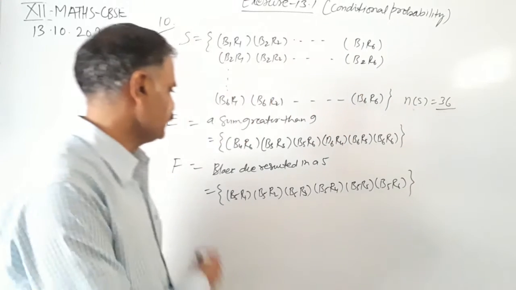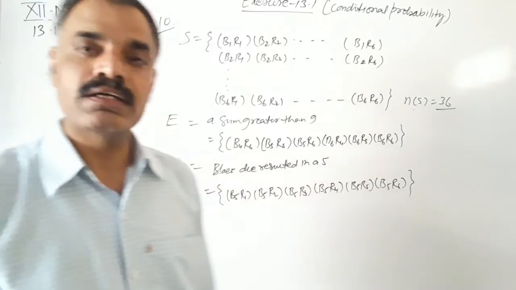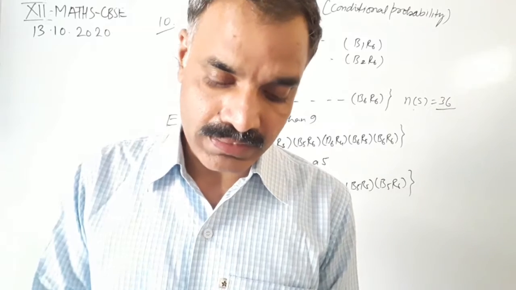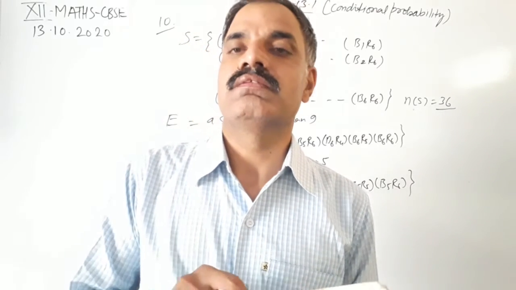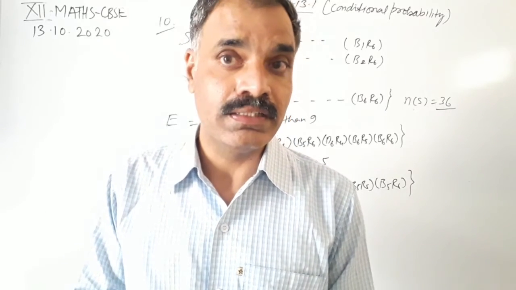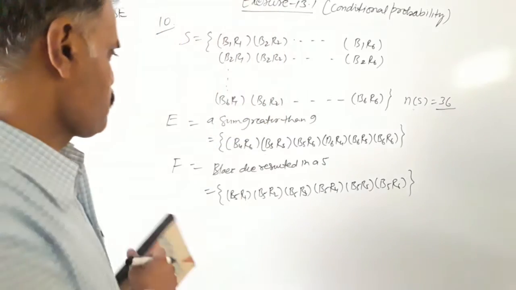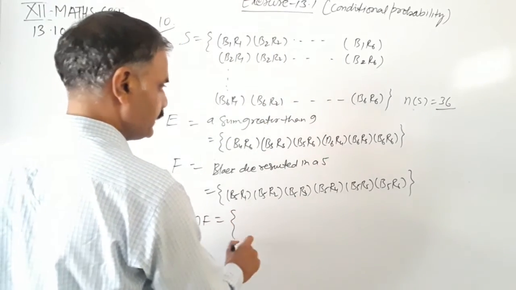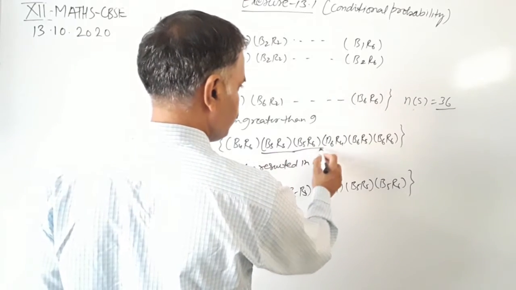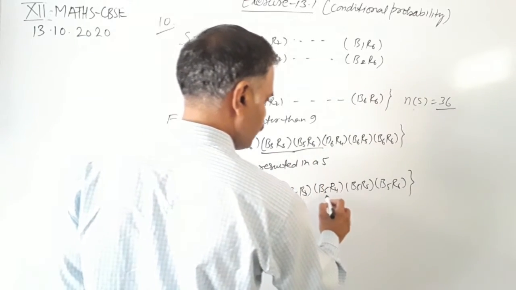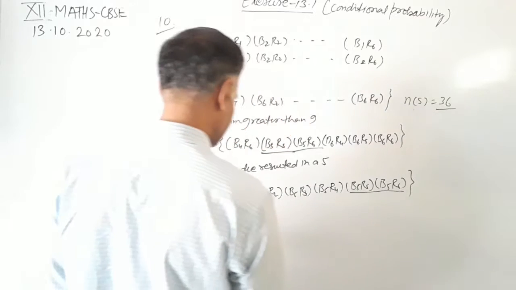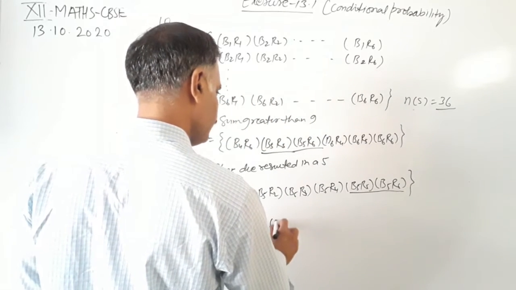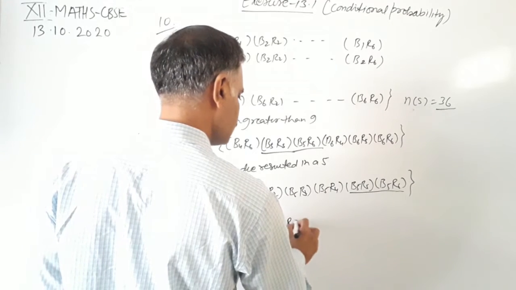These are the sample points in event F. So E intersection F is B5 R5 and B5 R6.